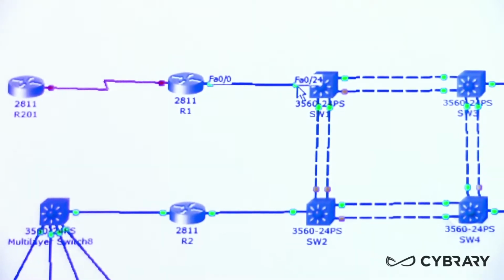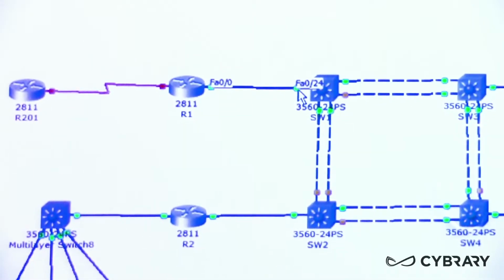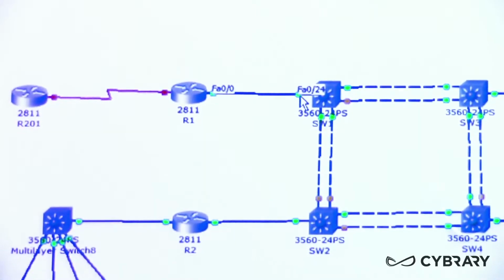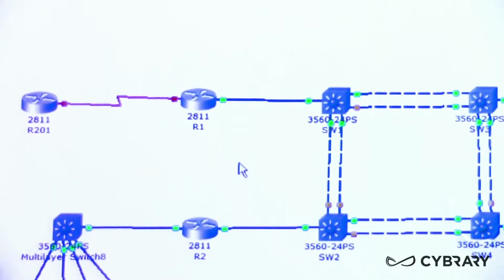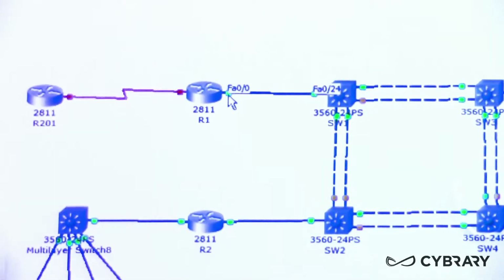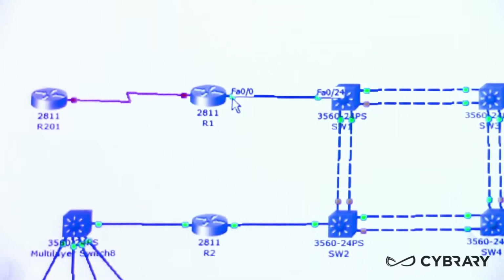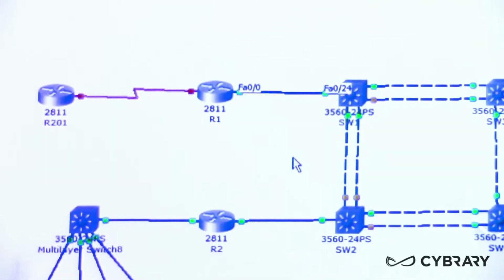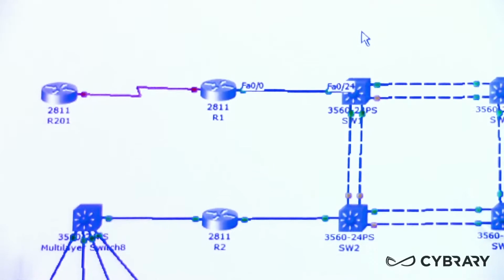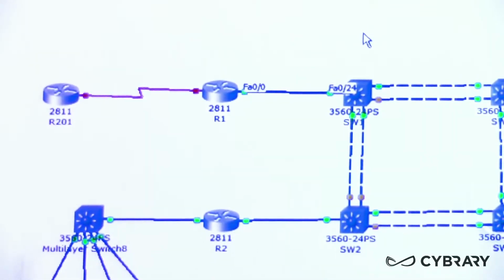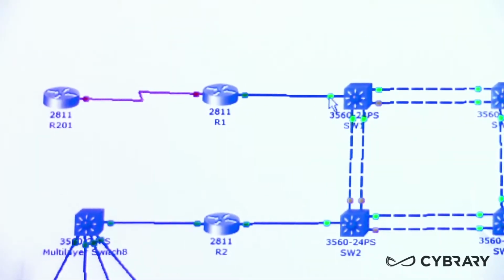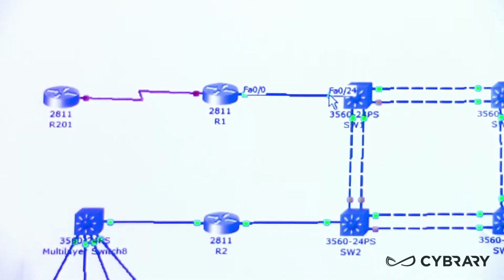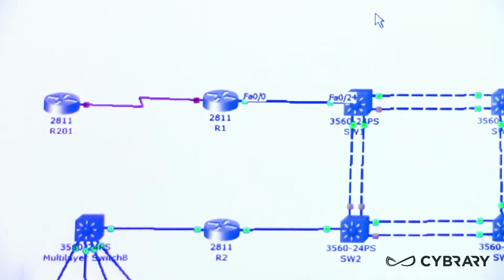Once again, I haven't explained the naming conventions for Cisco devices yet, but we will have done that by the end of today. The FA stands for FastEthernet, port 0/24, or in effect, port 24.